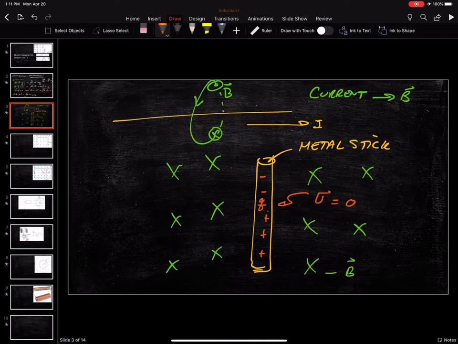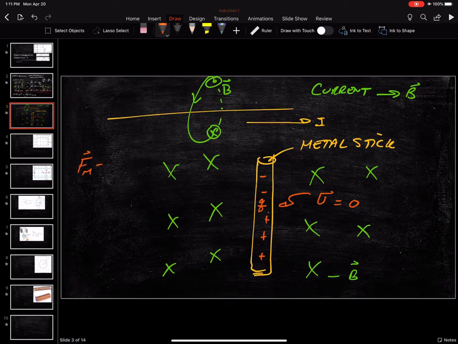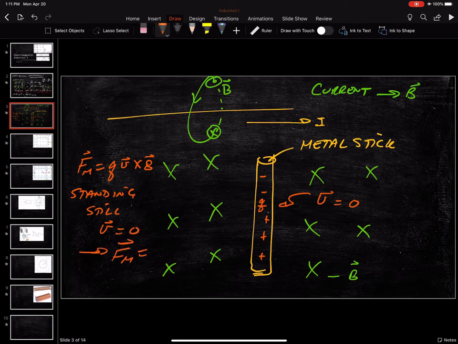You know that if the charges are moving, there's a magnetic force, which would be Q V cross B. If this stick is standing still, V equals 0, and that implies that the magnetic force is also equal to 0. So there's no force acting on these charges, and so they're not going to move.